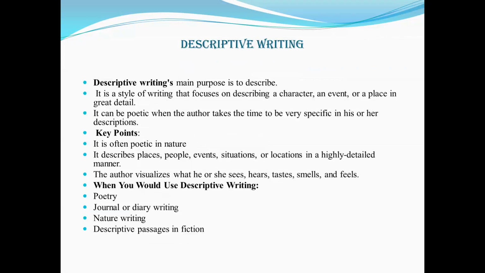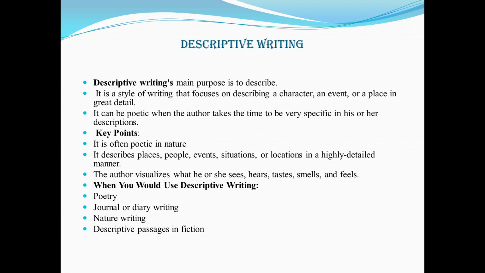And the next one is descriptive writing. Here, the main purpose of descriptive writing is to describe. It is a style of writing that focuses on describing a character, event, incident, happenings, celebration, or any occasion, or any place you visited in detail.